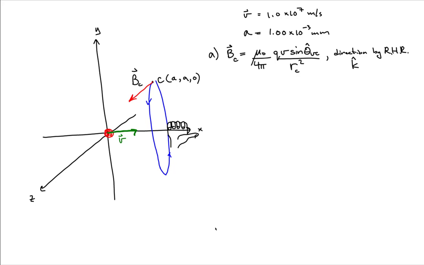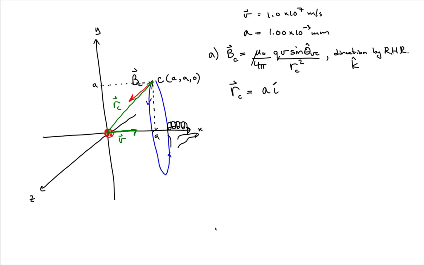Well, in order to get our answer, we're going to need to know the distance between our source charge and point C. So that distance will be given by this vector right here, r_c. And the r_c vector has an x component equal to a because it goes a along the x-axis, and it's going to have a y component equal to a as well.